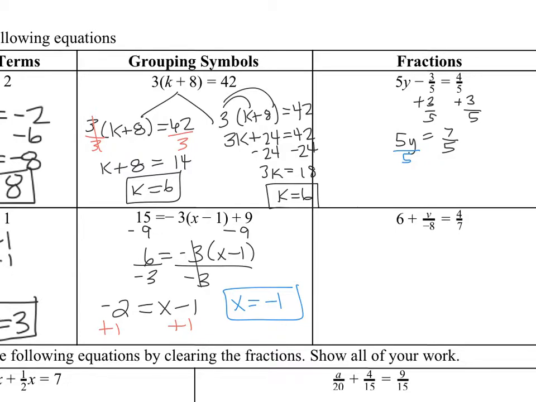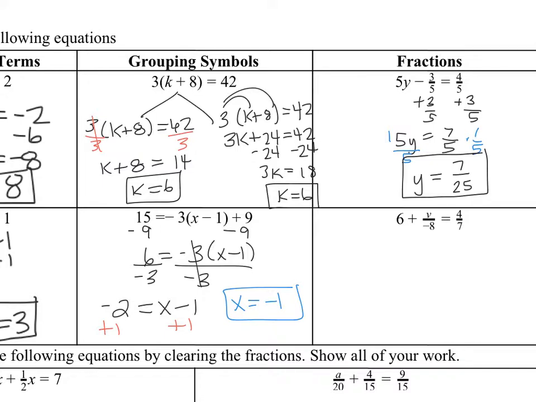Dividing by 5 and multiplying by 1/5 is the same. So I'm going to multiply both sides by 1/5. Then I get y equals 7/25 as my answer, because 7/5 times 1/5 is 7/25.